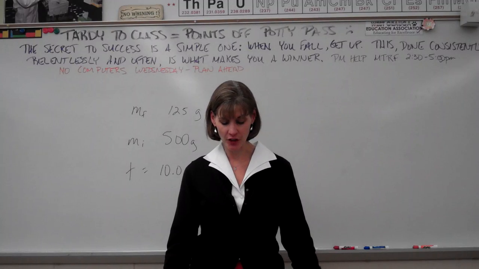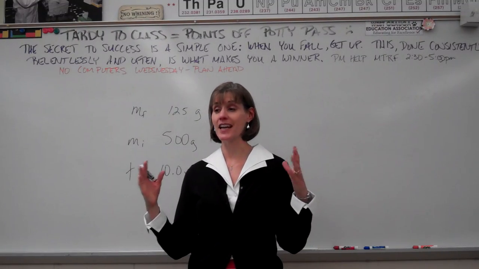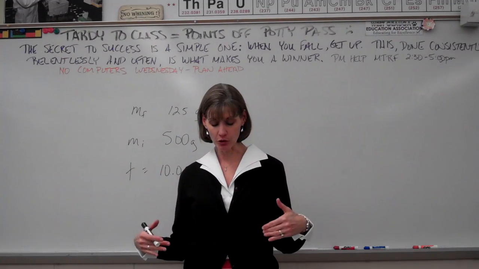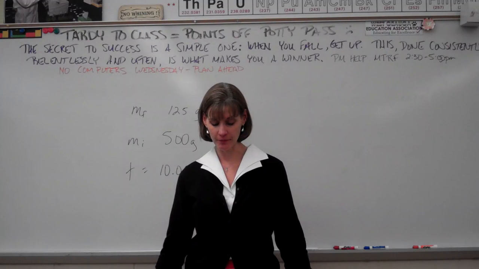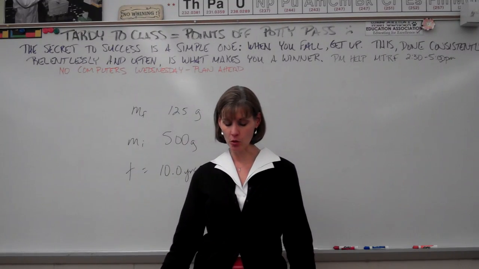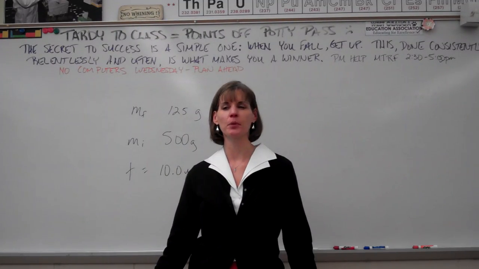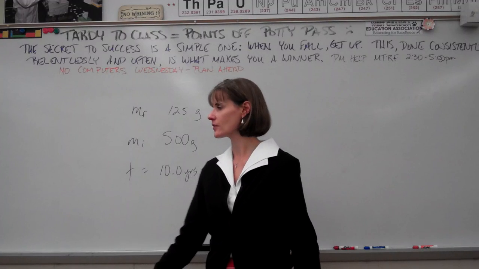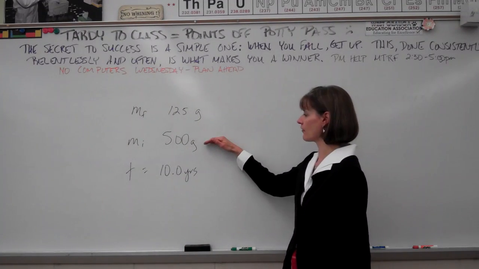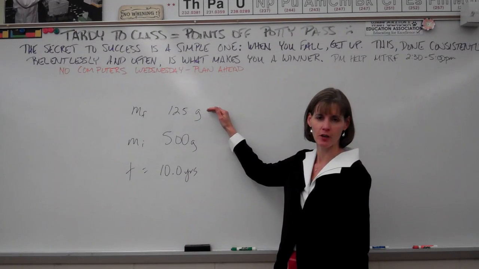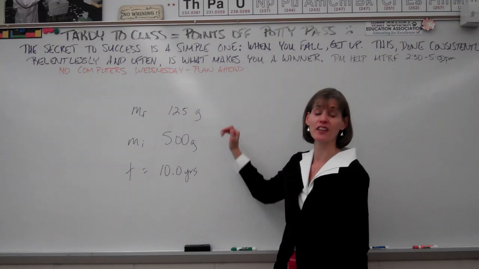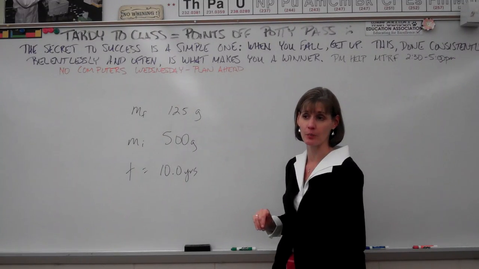Number 19 is very similar. You're going to get a table that lists several nuclides and their half-lives, and it's going to ask you the same thing in a percentage. So instead of saying we're going from 500 grams to 125, what if it said we went to 25% of the original sample?